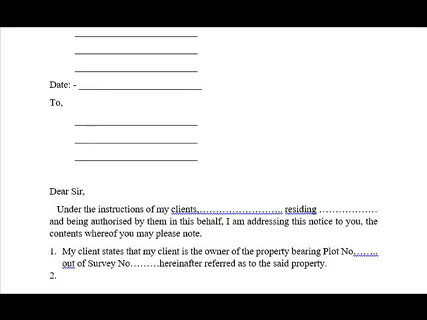In first paragraph, we will give the details about the client's property.